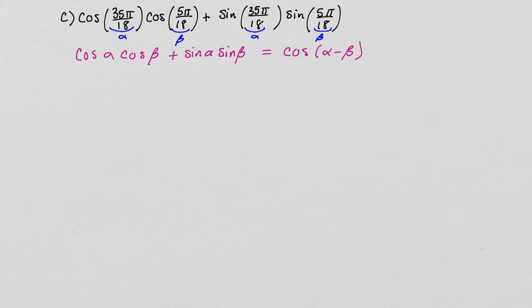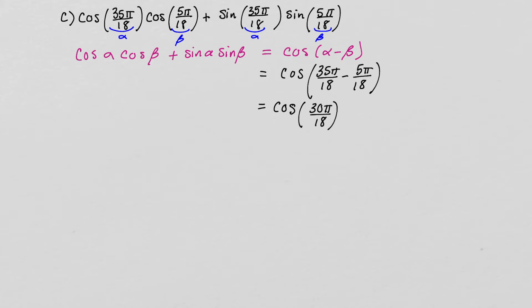So if we try that here, we would end up with the cosine of alpha, 35 pi over 18, minus beta, which is 5 pi over 18. And if I take 35 pi minus 5 pi, I'd be left with 30 pi. So this becomes the cosine of 30 pi over 18. And you might go, well, 30 pi over 18 is not on the unit circle.